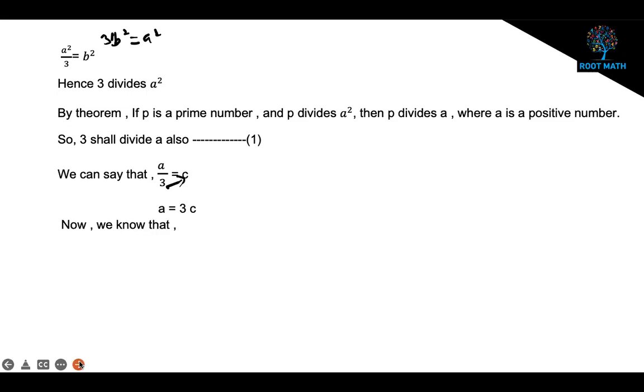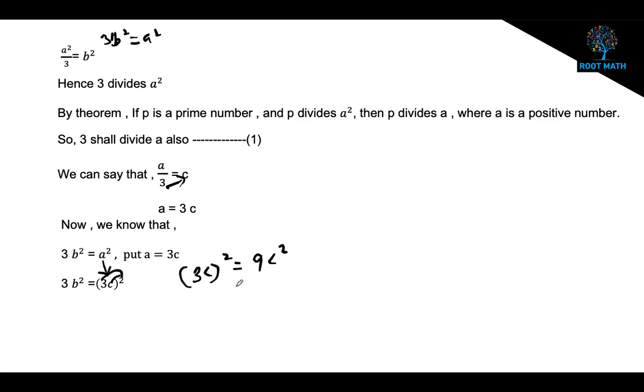Here you apply, instead of a, replace 3c. When you are replacing a by 3c, so (3c) the whole squared will become 9c squared. Okay, so 9c squared and this 3 will come to the other side as division.